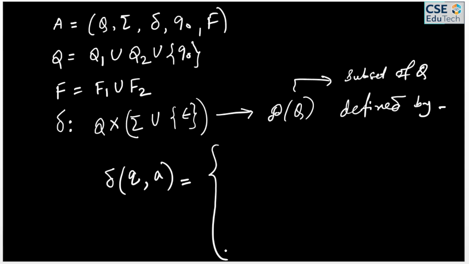Suppose you are in a state q belonging to Q1 and a belongs to sigma union epsilon.